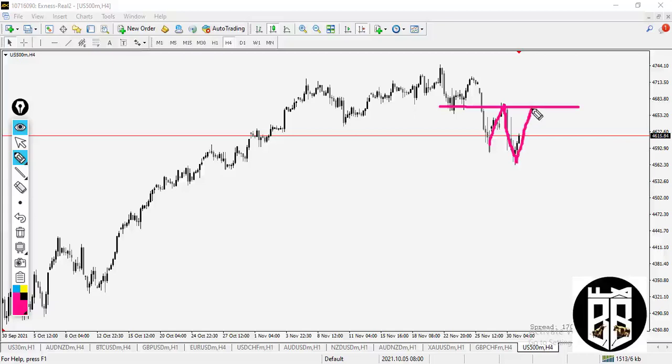This is not a pullback, it's another retest slash double top of this level. And if this position holds and we see a huge engulfing candle like we saw this one here, then that shows that yes, we are in a very good downtrend.